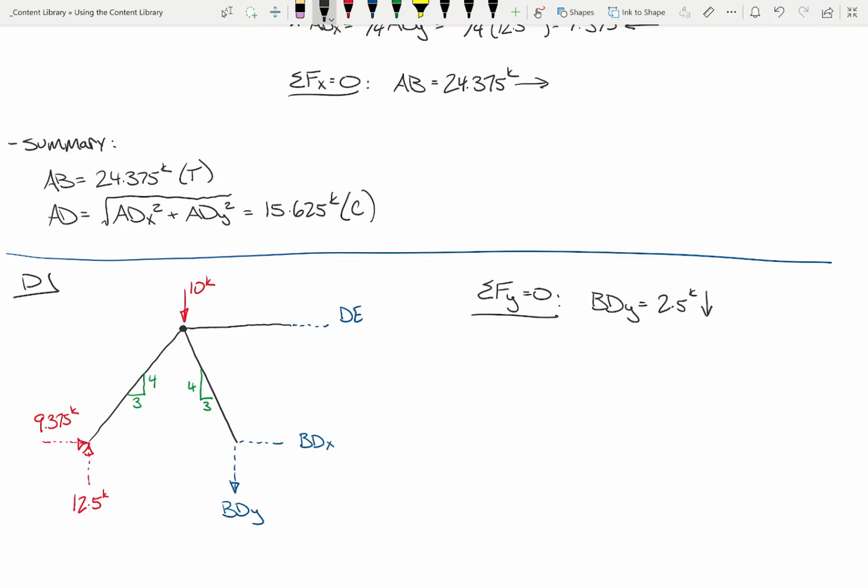The slope ratio. So, BDX is going to equal some fraction times BDY. I propose that that fraction is either 3 over 4 or 4 over 3. Which is it? 3 over 4.